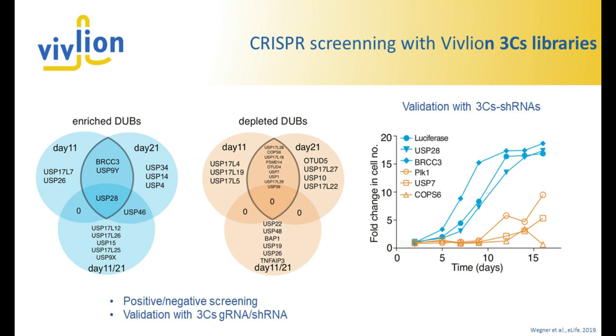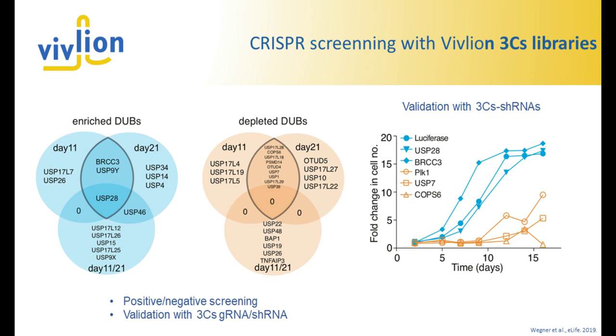And we used a luciferase as a negative control and the PLK1 targeting shRNA as positive control for dropout. And I hope you appreciate that we could re-identify USP28, BRCC3 as inducing a positive effect, while USP7 and COPS6 were identified or validated to induce a negative effect.